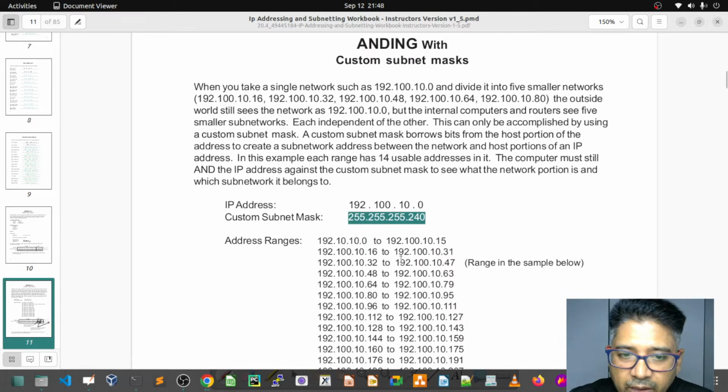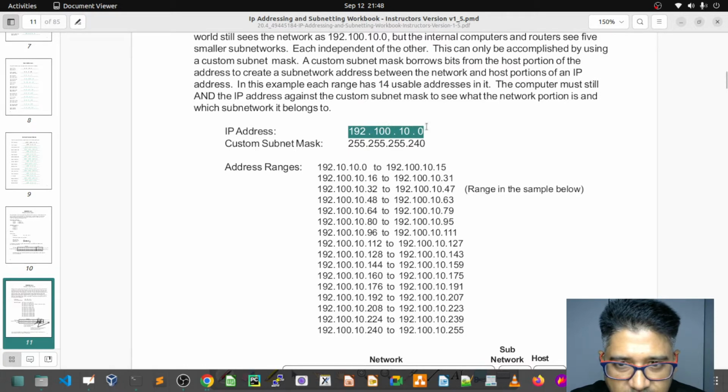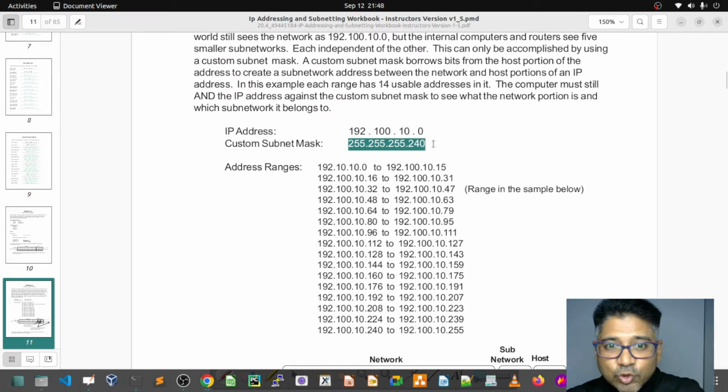Okay. Now the address range. Here they have given you an IP address and you can see this is my custom subnet mask. So when you do the range you will get the IP. So it belongs to what IP, what range.